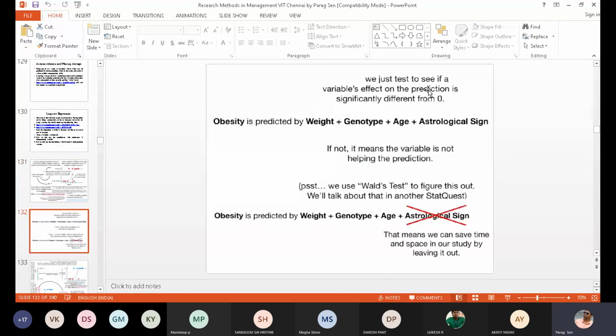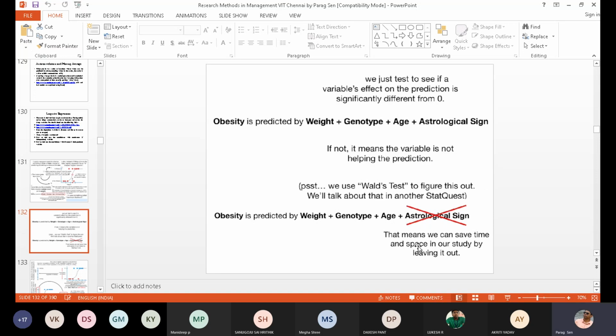Okay, and we just test to see if a variable's effect on the prediction is significantly different from zero. If not, it means the variable is not helping the prediction. This is based on hypothesis testing, which we will discuss later, and we use the Wald test to figure this out. If something is found which is not statistically significant, we can eliminate it from the model.